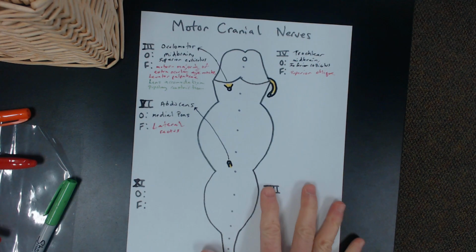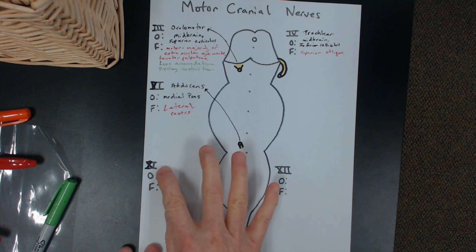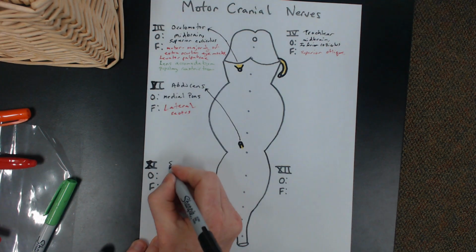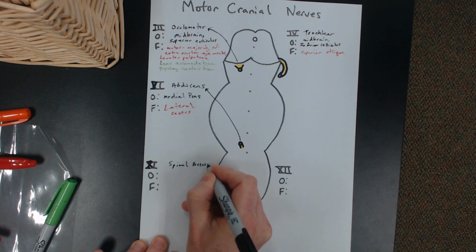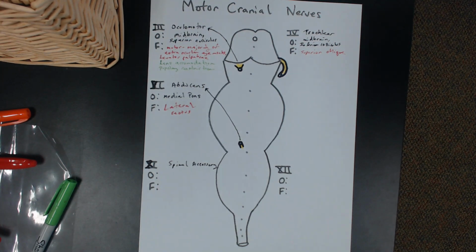Moving on down, we have here cranial nerve number 11, and that's going to be your spinal accessory nerve.